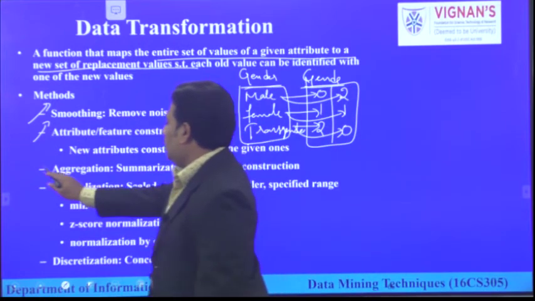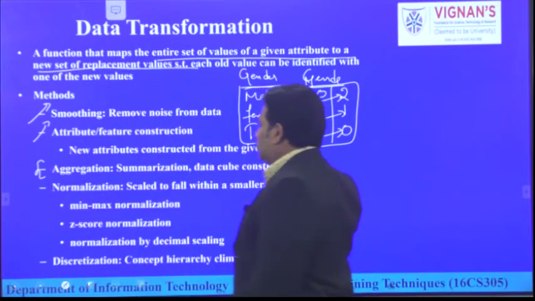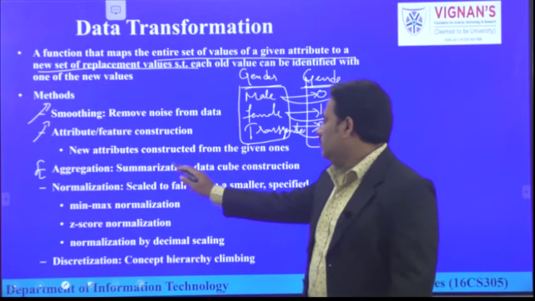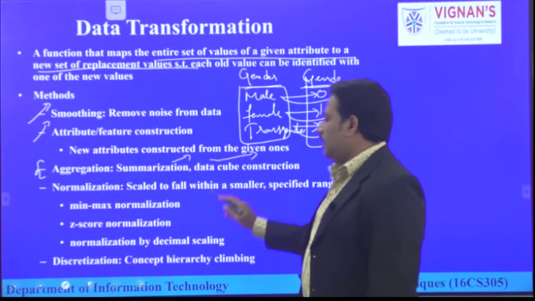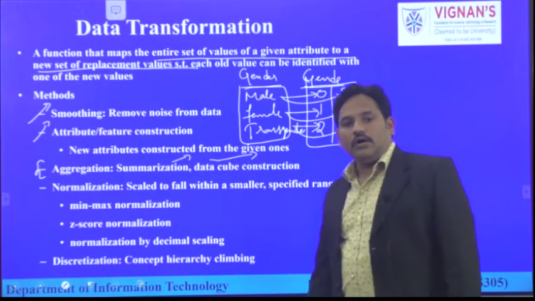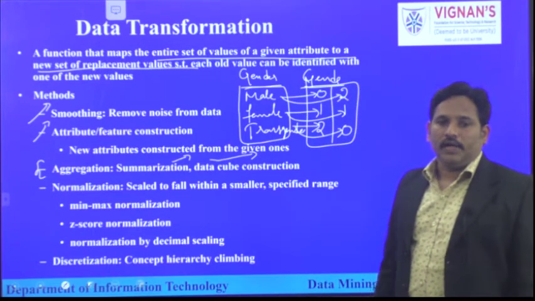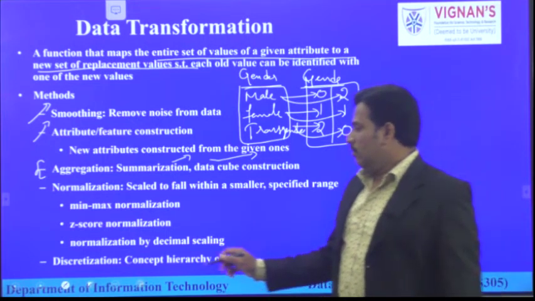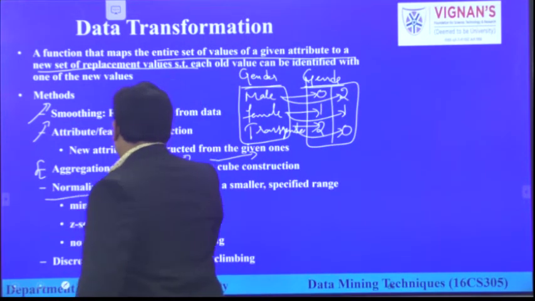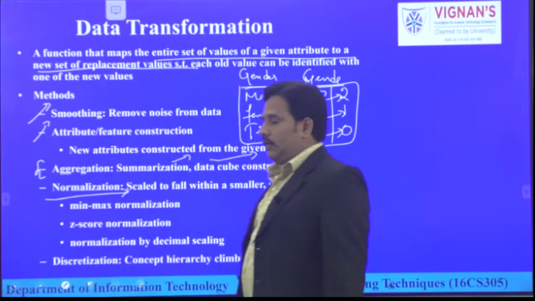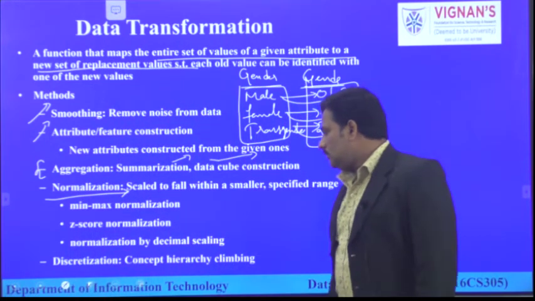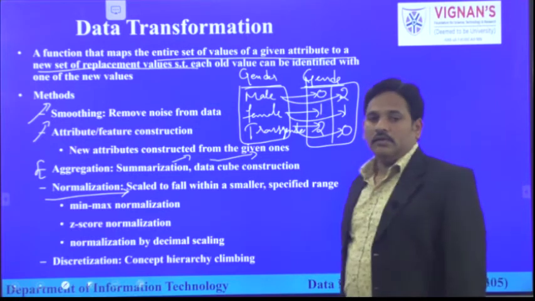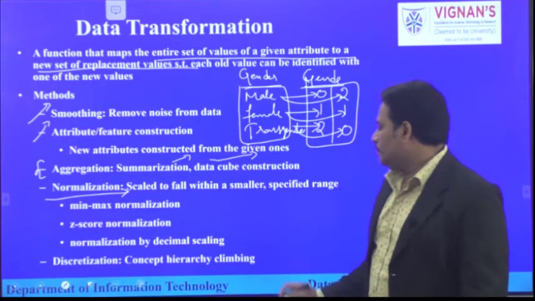Or we can apply the required or best aggregation approach to form the summarization of the data, to construct data cubes, or we can go for data normalization. Under data transformation, we can apply some normalization techniques. That means we can scale the data so that it falls into a smaller and precise range.